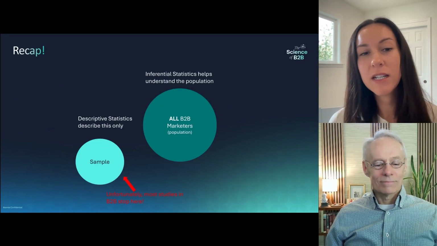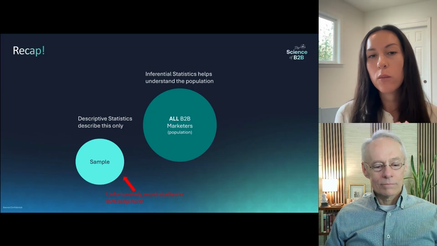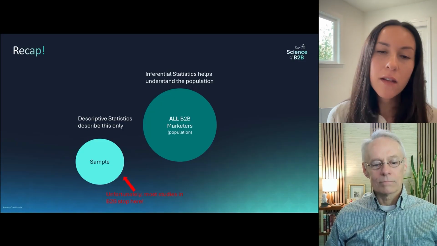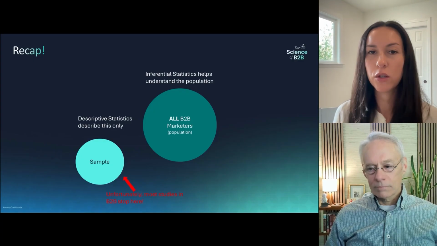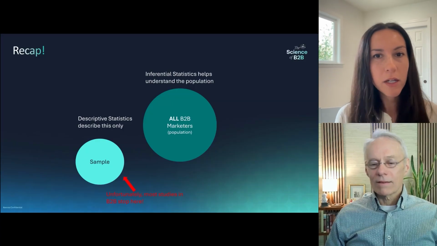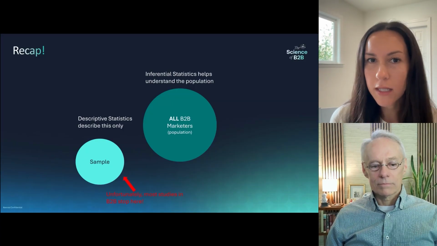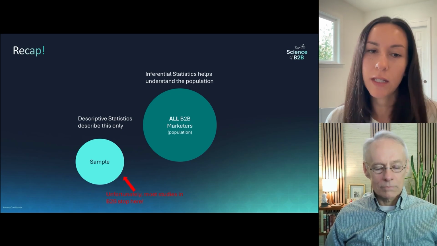So descriptive statistics is where we just describe simply the sample that we collected. Inferential statistics allows us to go beyond that and start asking questions about the broader population. Unfortunately, a lot of the benchmarks and research studies that are available in B2B stop at descriptive statistics.